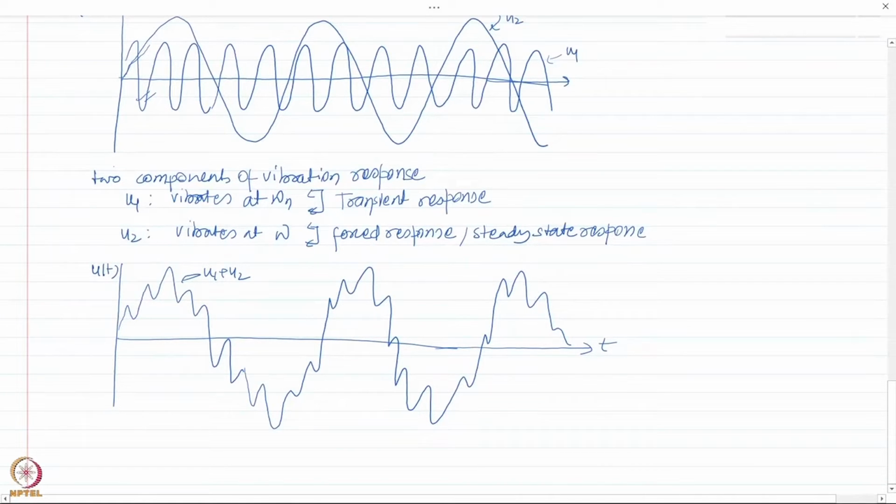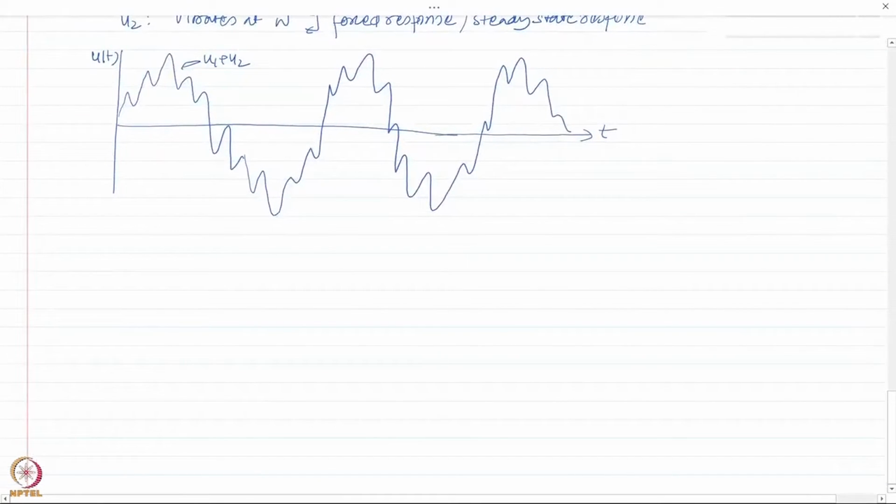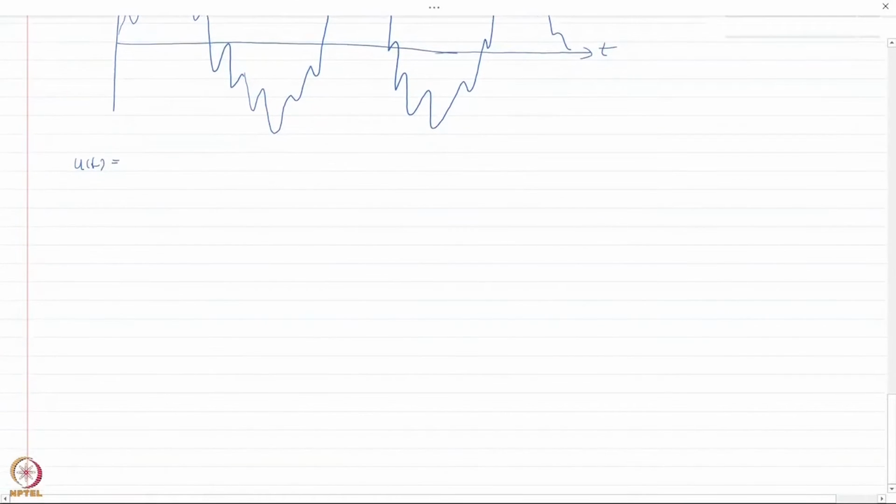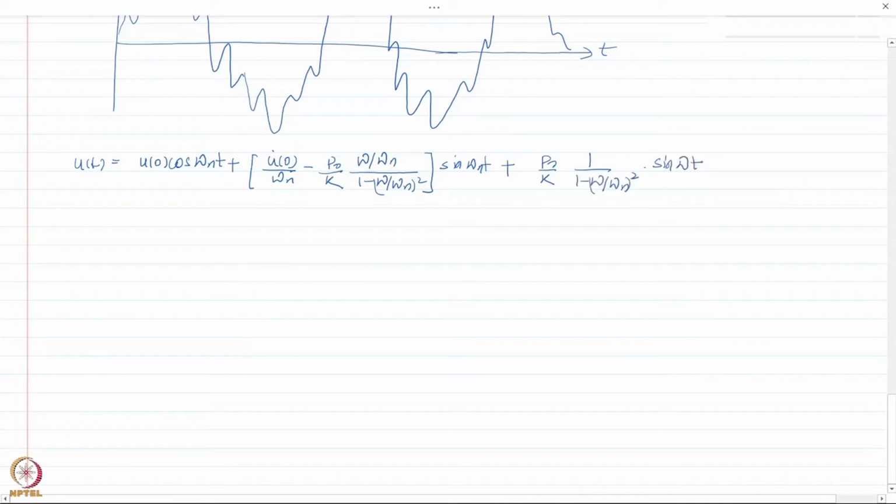There are certain characteristics of each of these responses. Let me write down the expression for the total displacement again. We had this expression: u of 0 cos omega nt, and then we had sine omega nt, and then this term here, sine omega t.